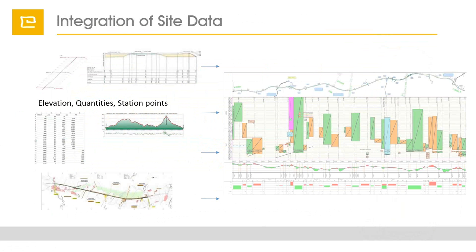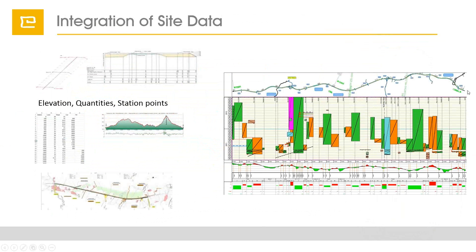Here is a road project that has the elevation profile. It shows the quantities. It shows the layout of the map on top. The green are the fill, and the red ones are the cut.